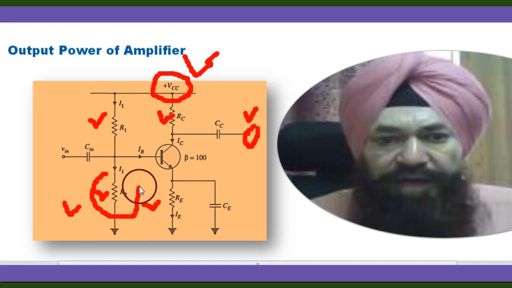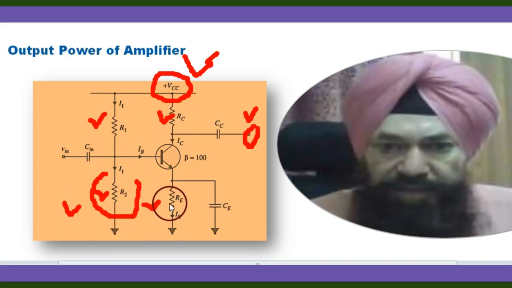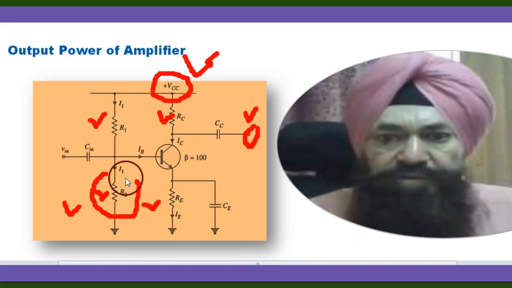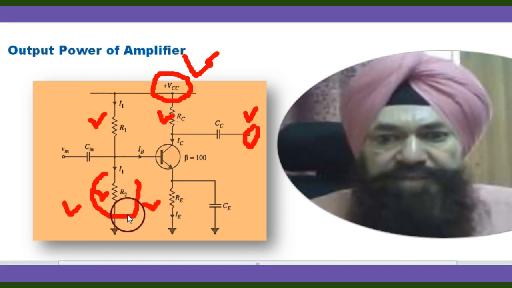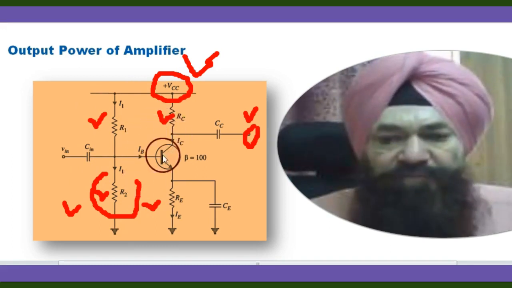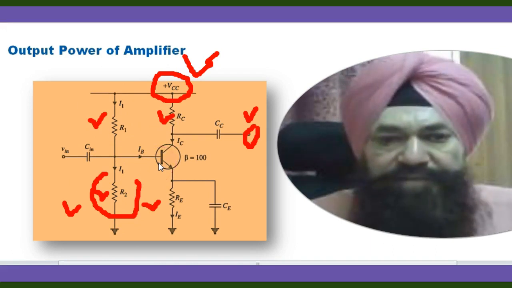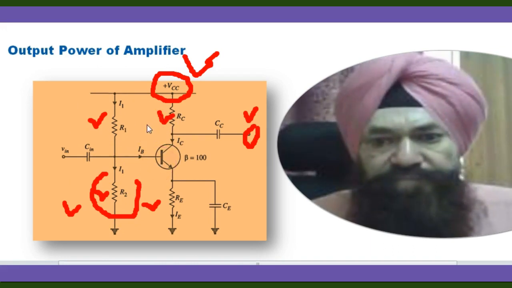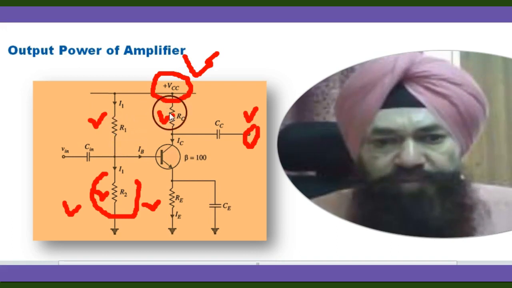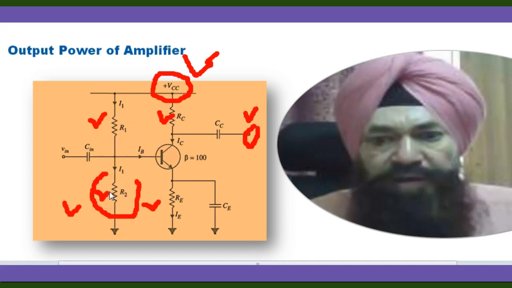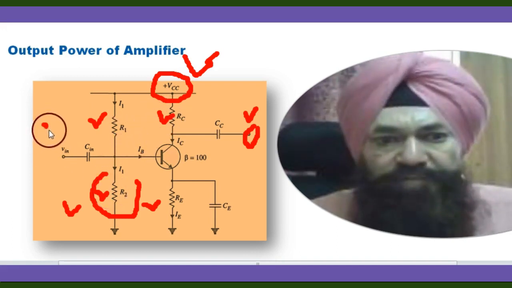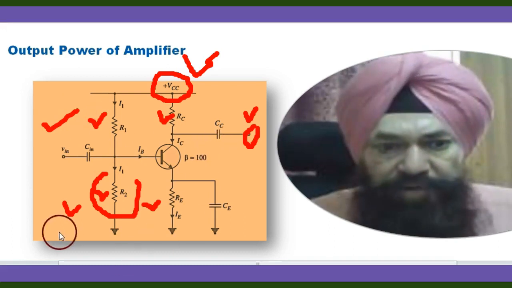Similarly, there is heat loss at R2, at RC, and at RE. All these losses appear as heat. That is why the efficiency of an amplifier becomes very low. And the heat produced also increases the temperature of the circuit. This is again a problem.